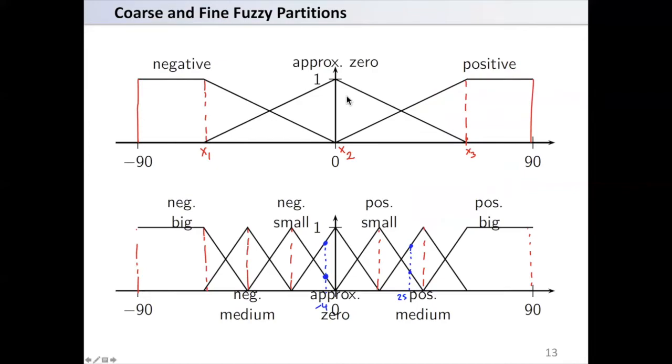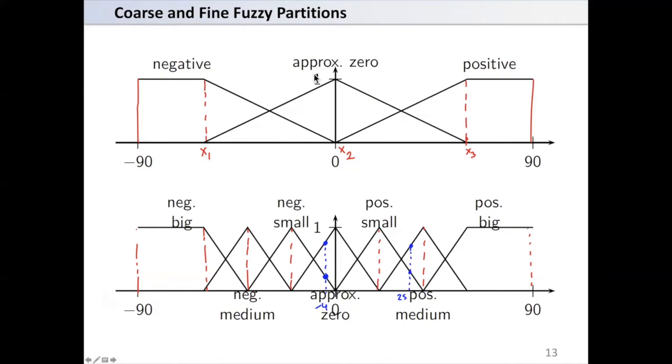For example, consider a coarse partitioning. Here, the reference set extends from minus 90 up to 90, and we have 3 fuzzy sets. The first one is called negative. It is around x1 and it has such a shape.